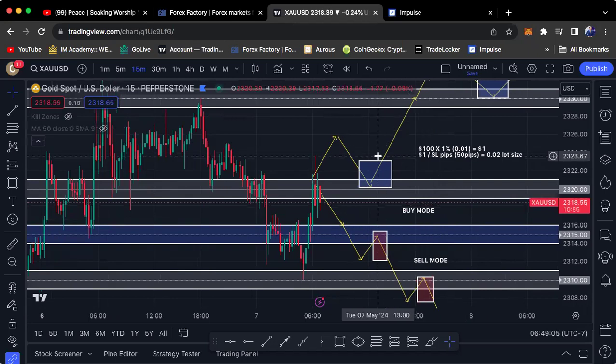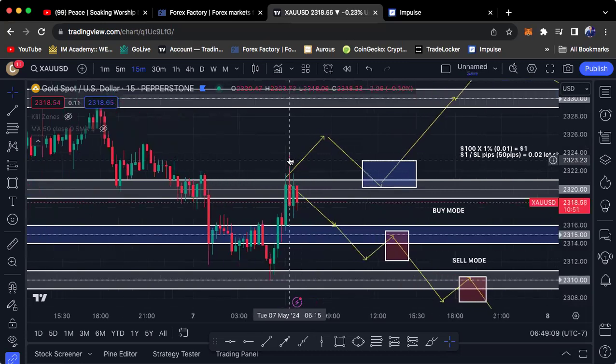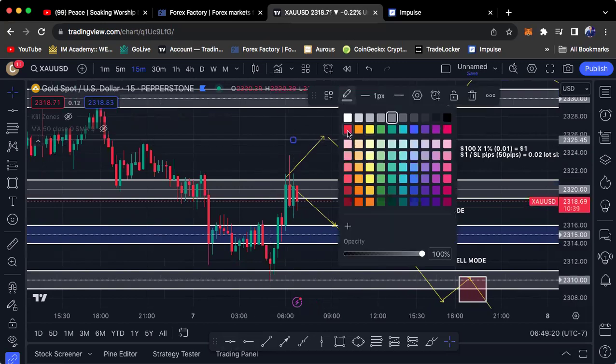So here, you see how it wicked here? It wicked at 23.23. But my stop loss, I would have entered at 23.25 for that sell.